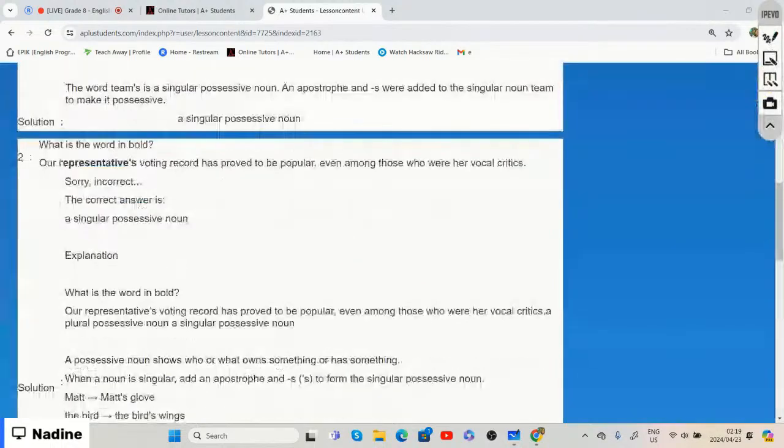All right, it says our representatives' voting record has proved to be popular, even among those who were her vocal critics. We need to say if the word representatives' is either a singular possessive noun or a plural possessive noun. Representative.